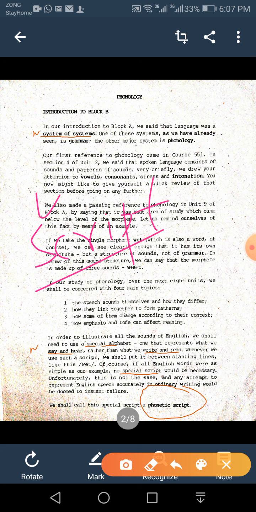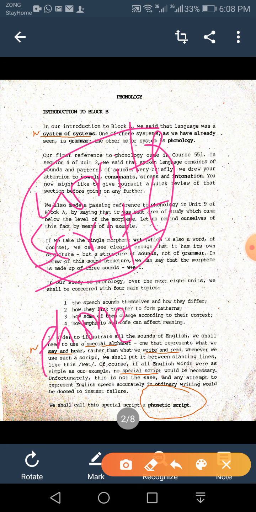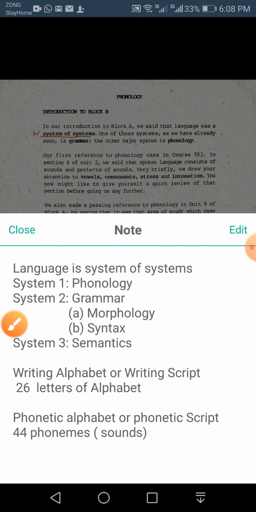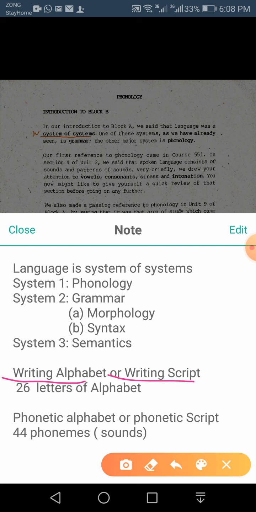One is the written script, and another one is the speaking script or phonetic script. Let me show you in the notes that one is the writing alphabet or writing script, which consists of 26 letters of the alphabet in English, and the other one is known as the phonetic alphabet or phonetic script, and it consists of 44 phonemes or sounds.